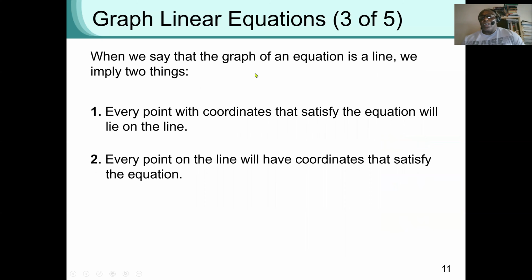Now, when we say that the graph of an equation is a line, we simply imply 2 things. Every point with coordinates that satisfy the equation will lie on the line. Every point on the line will have coordinates that satisfy the equation. So with a linear equation, when it's a straight line, all the points lie on it.